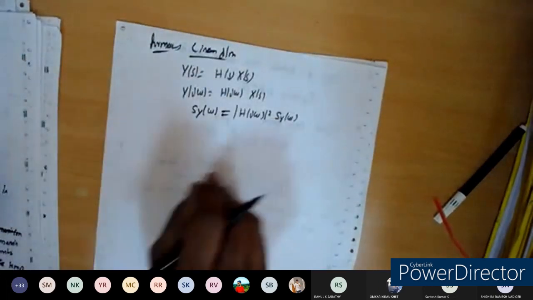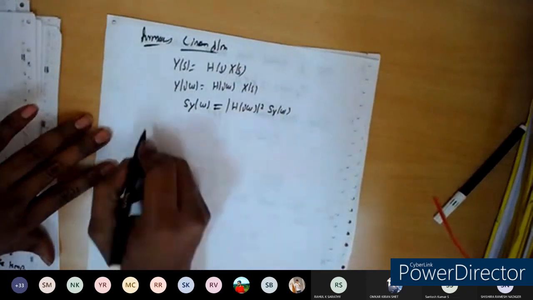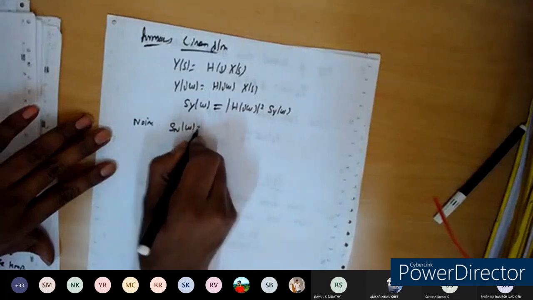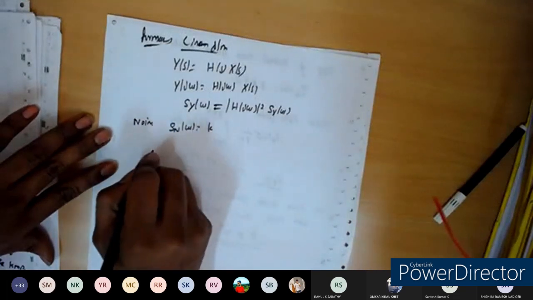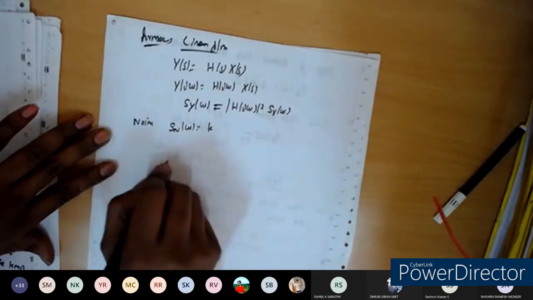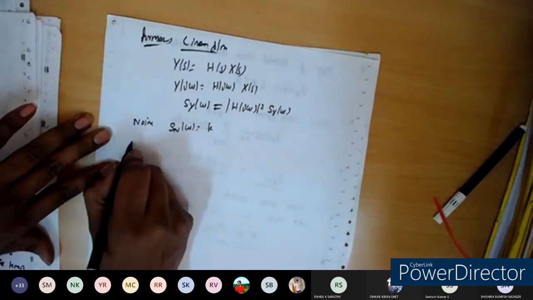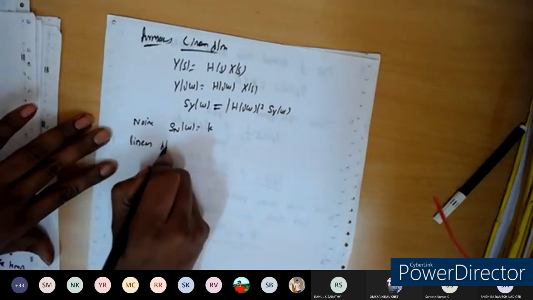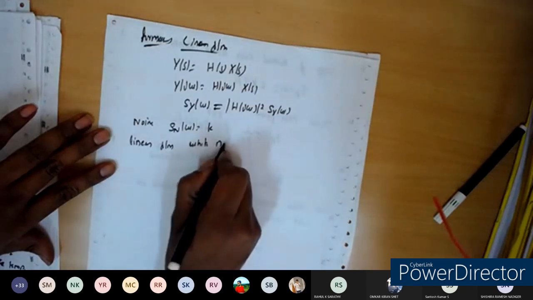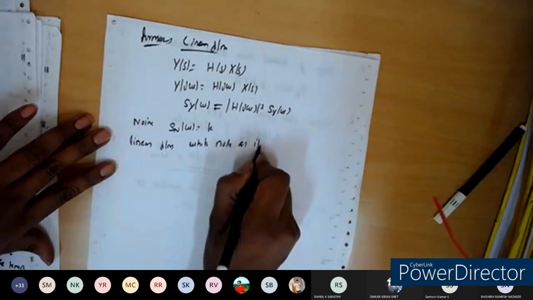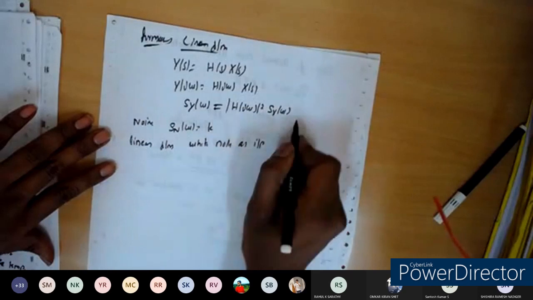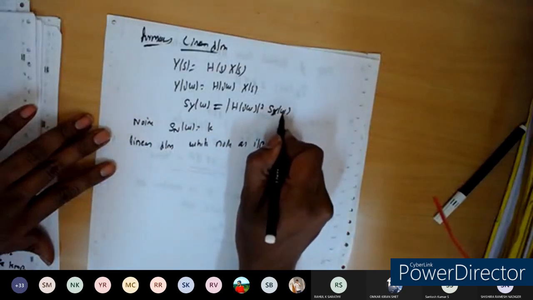Done. So these are the formulas. And also for the noise, the power spectral density of the white noise will be equal to some constant k. Suppose I give white noise as an input to the linear system, so that Sx of omega is equal to the white noise PSD.